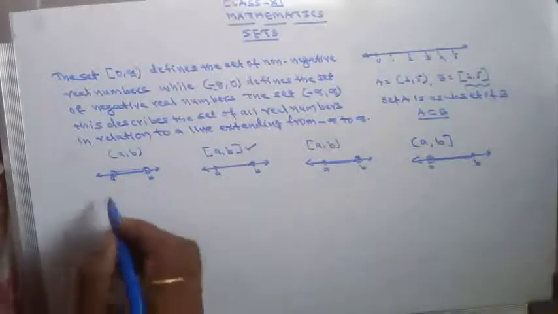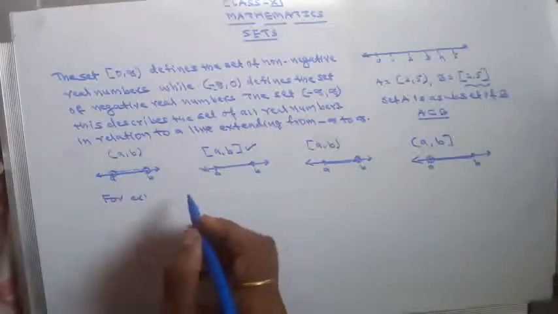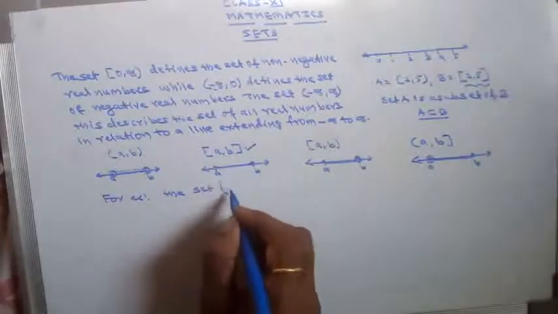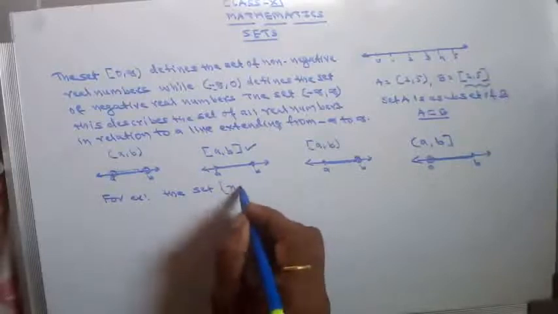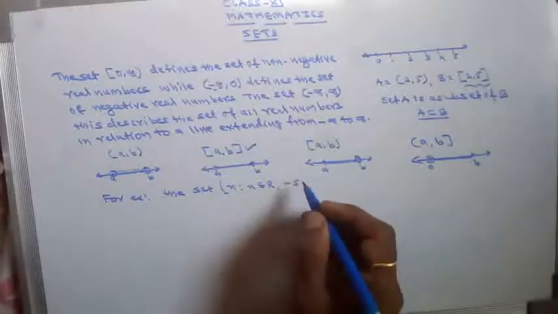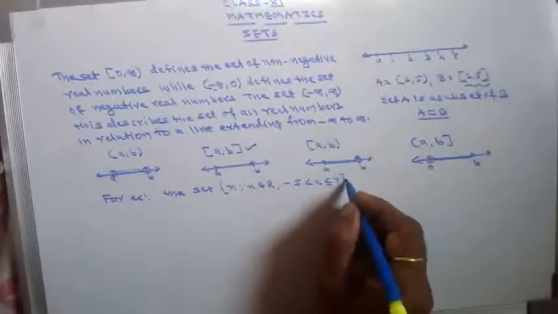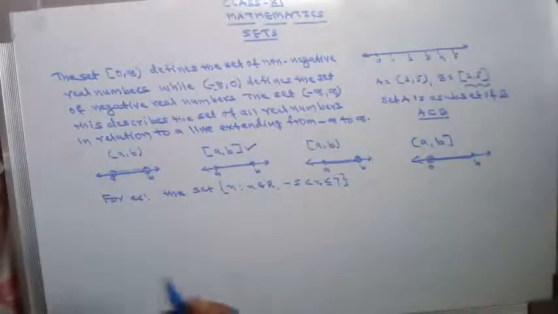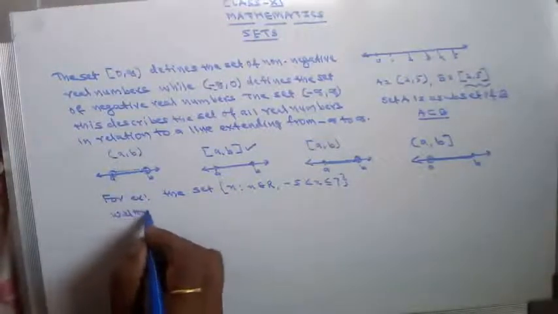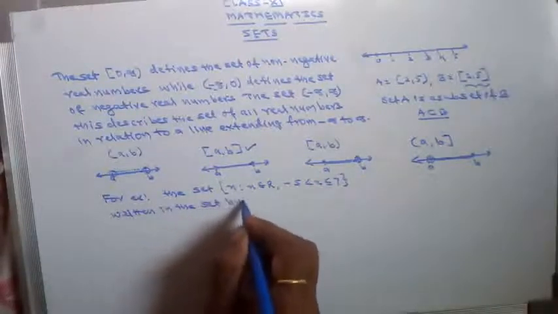For example, consider one set of x elements such that x belongs to real numbers and minus 5 is less than x is less than or equal to 7, written in the set builder form.